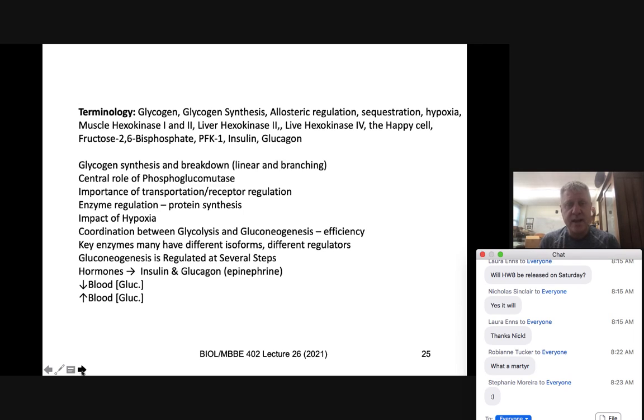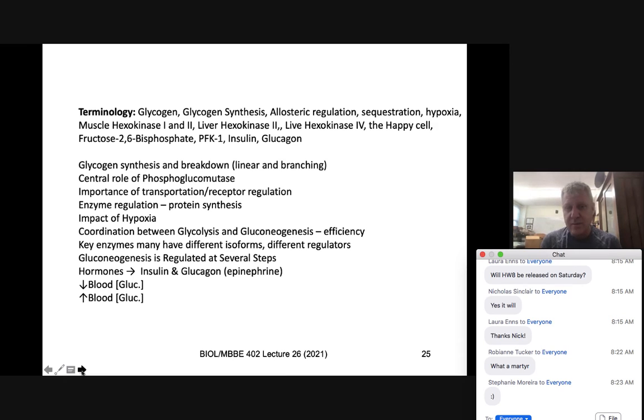So I want you to understand the glycogen and glycogen synthesis, the regulation and allosteric modulation, sequestration in regards to the compartmentalization, compartmentalization to also allow you to have regulation. We should understand what hypoxia does in regards to the cellular system, where we're going to be pushing things to produce lactic acid.